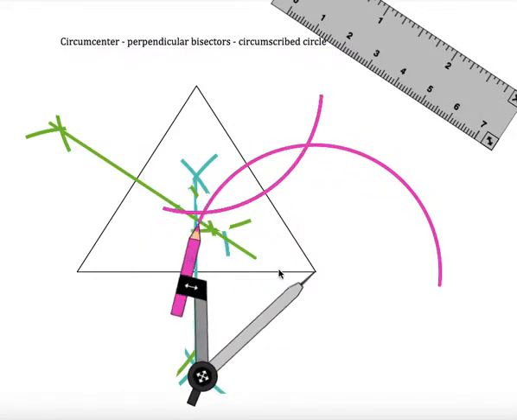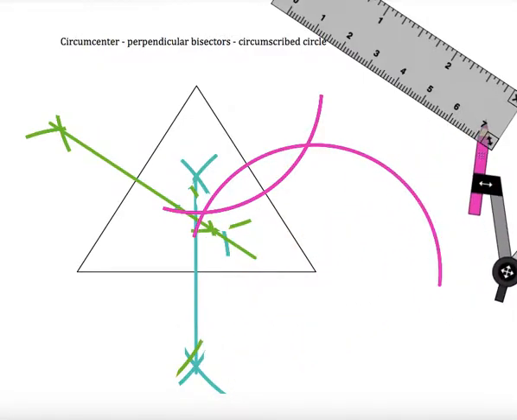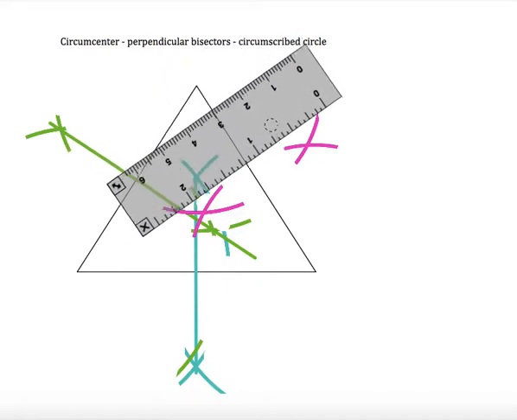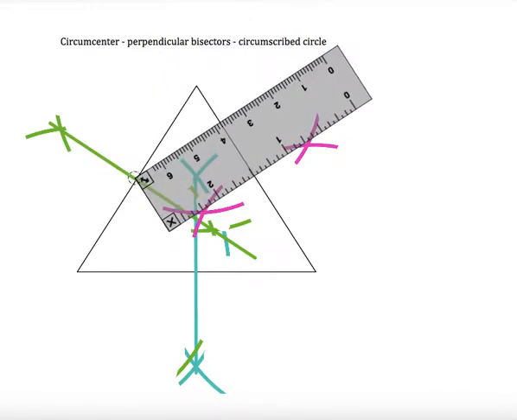Make that arc above and below. So I'll go in and clean this up just a little bit, leaving those intersections. I can take the rest of it away, just so that I know what I'm trying to use my straight edge to go through. And then I'll make my straight line.